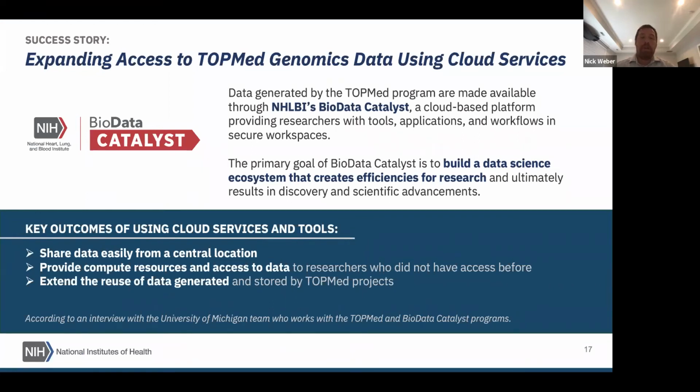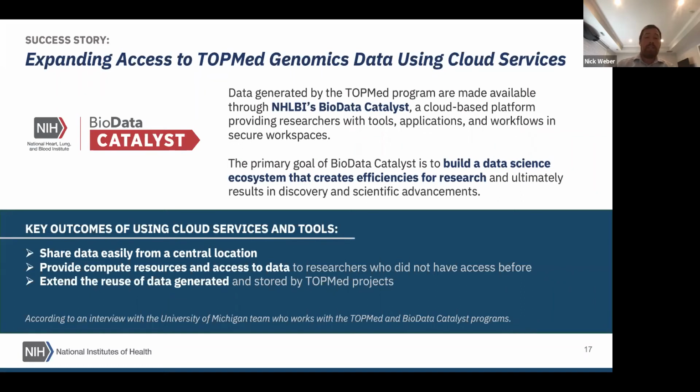One of those programs is an NHLBI, Heart, Lung, and Blood Institute funded program for whole genome sequencing and longitudinal cardiovascular studies called TOPMed. What they've been able to do is move all of their research data from wherever it was previously located, on lots of different study sites, into a central data resource called BioData Catalyst, to make it easier for researchers to come and analyze those data in one place.